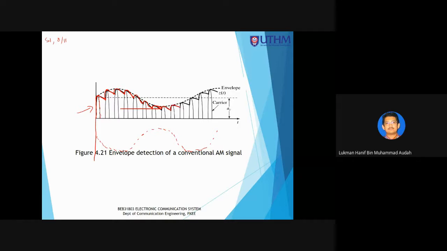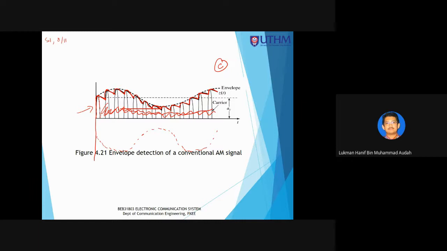Okay, so ni RC tank circuit, dia ada perbezaan dari segi karakteristik berbanding dengan LC. Okay, so yang bawah ni tidak ada lah. After point C, bahagian bawah ini sudah tidak ada. So you will see that the output is like a sine wave, tetapi tergantung di atas dan juga bentuknya seperti sawtooth of sine wave.